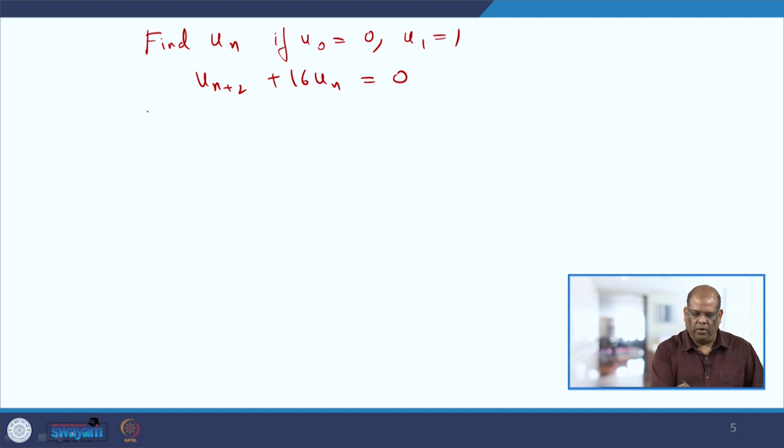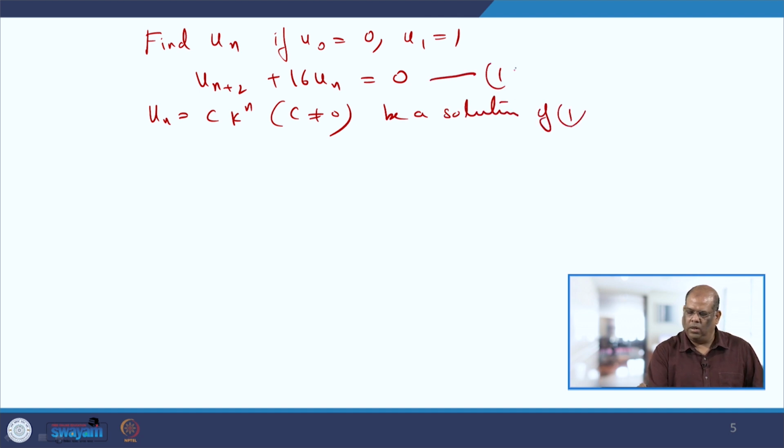So, as usual you take the solution to be of the form c times k to the power n, where c not equal to 0, and you substitute this in equation 1. So, you will get c times k to the power n plus 2 plus 16 times k to the power n equal to 0.